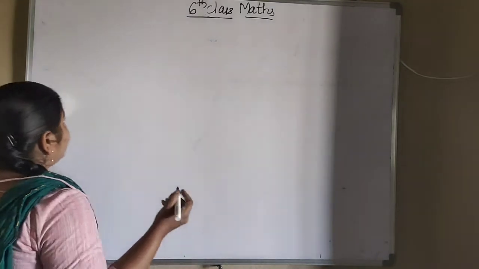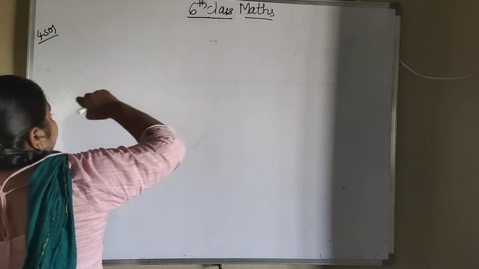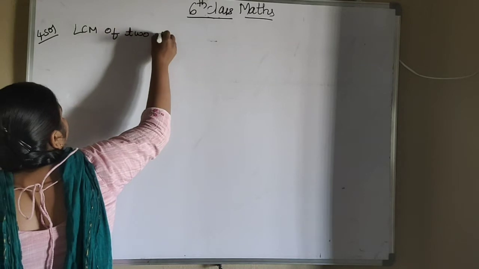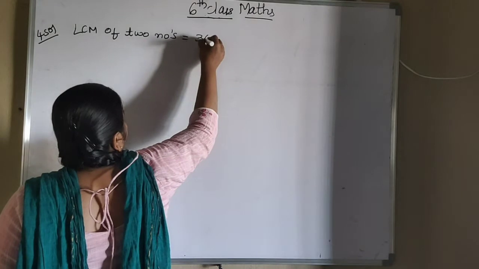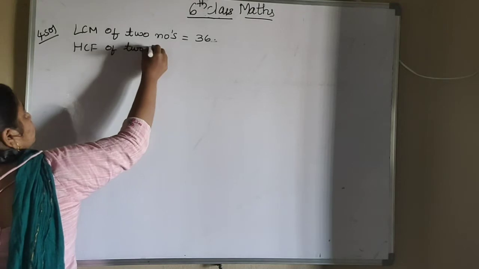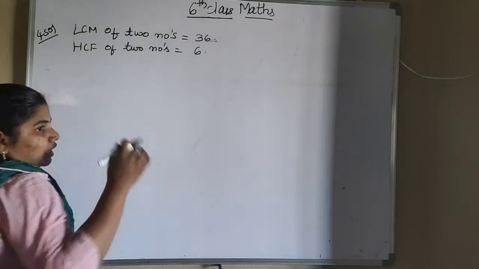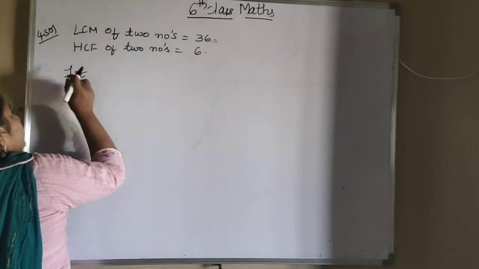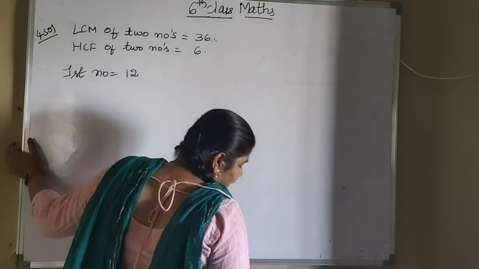Okay, so here we will see the given values. Fourth solution. They have given the LCM of two numbers as 36 and the HCF of the two numbers as 6, and of the two numbers, the first number is equal to 12 and the second number we have to find.